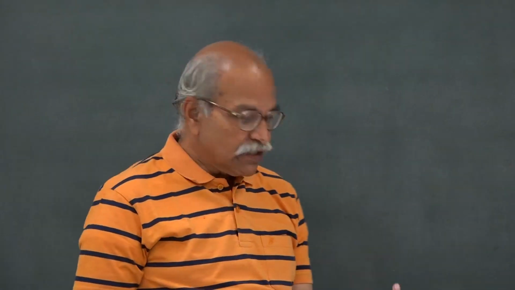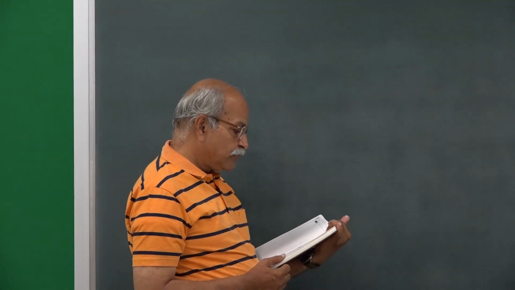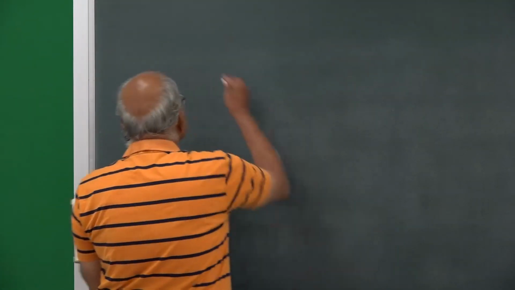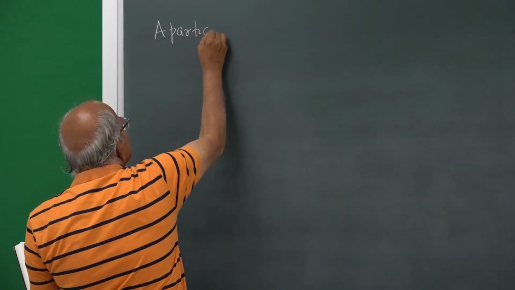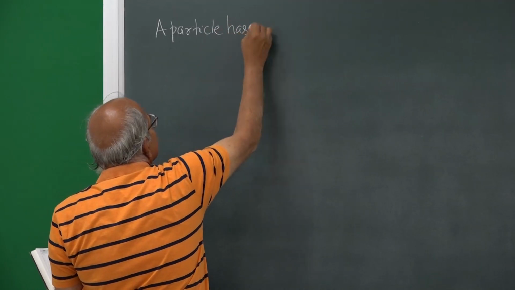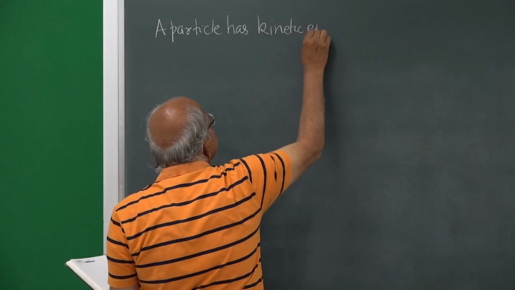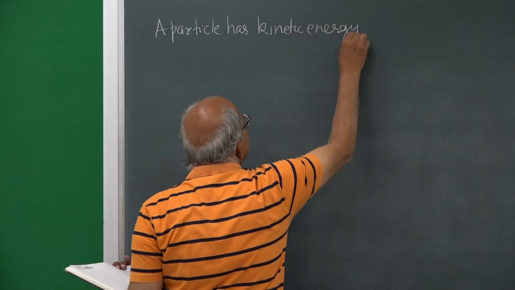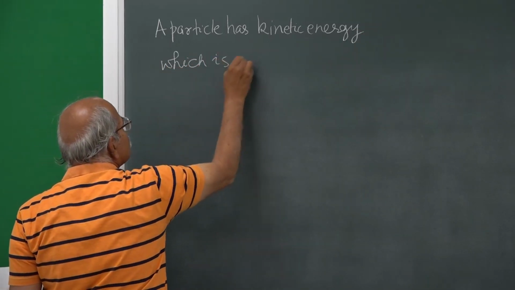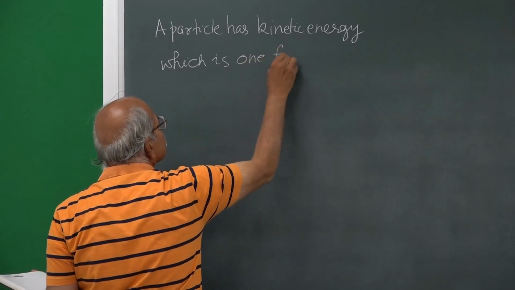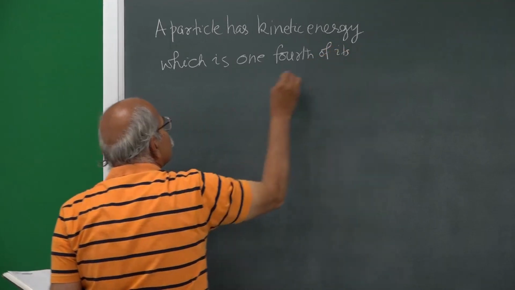So, our first problem is: a particle has kinetic energy which is 1/4 of its total energy.